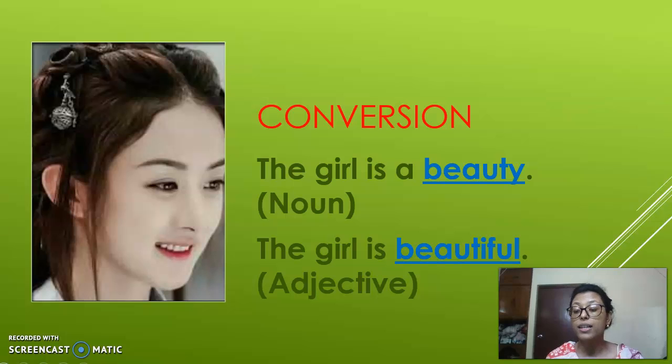With the addition of the suffix ful, it has become an adjective. The girl is a beauty. Once we convert it into an adjective, what are we writing? The girl is beautiful. The girl is very beautiful, right? So, let's see the next one.